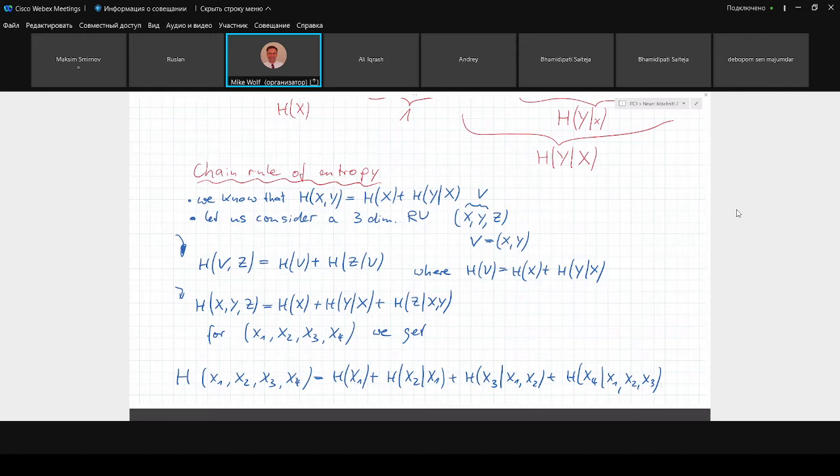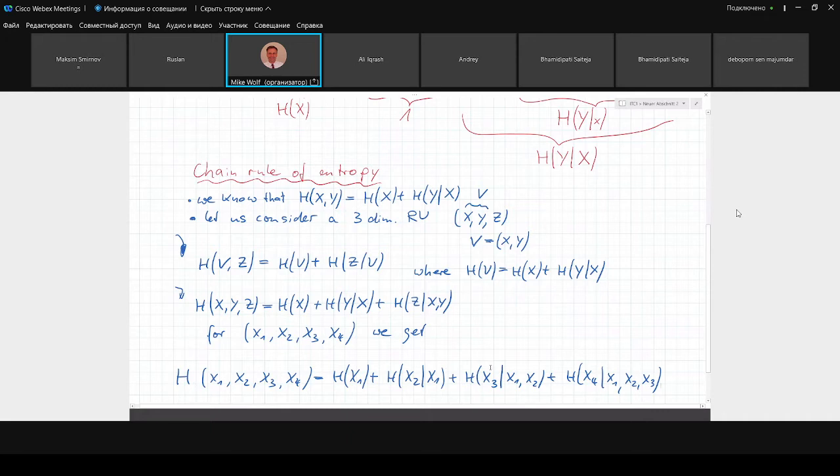And then you may have sources which are called Markov sources. For what is denoted as a Markov chain or Markov source, the joint entropy would be h of x1 plus h of x2 given x1.